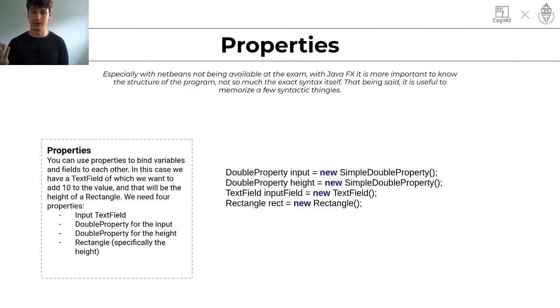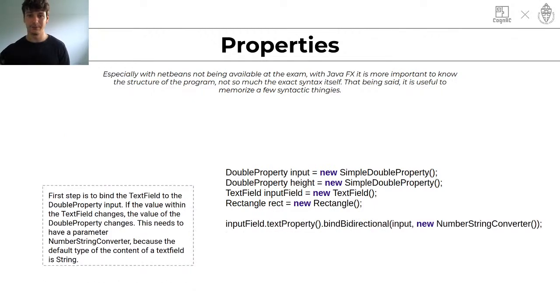To get into some examples for that, let's say that we want to create a text field and a rectangle, and the value in the text field indicates the height of the rectangle. So first of all, we need to bind the text field to the input property, to the double property input.